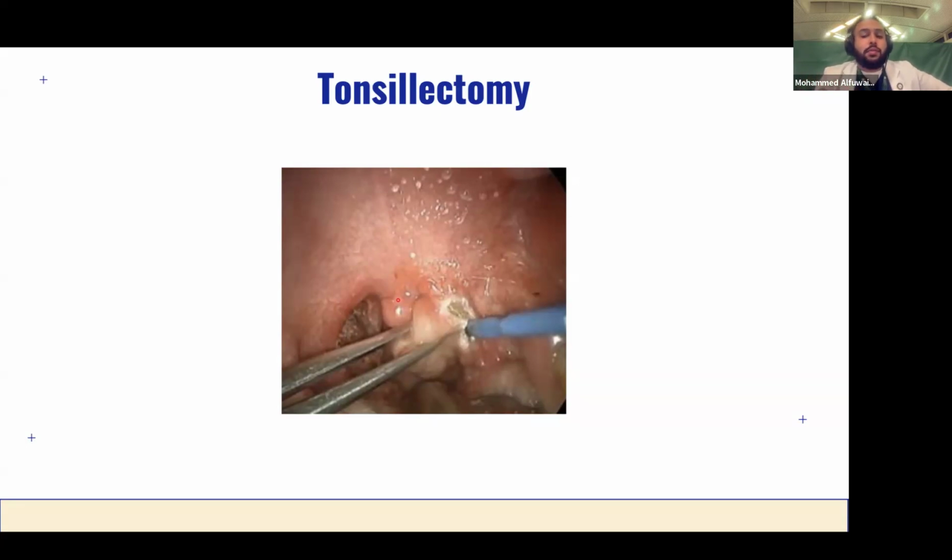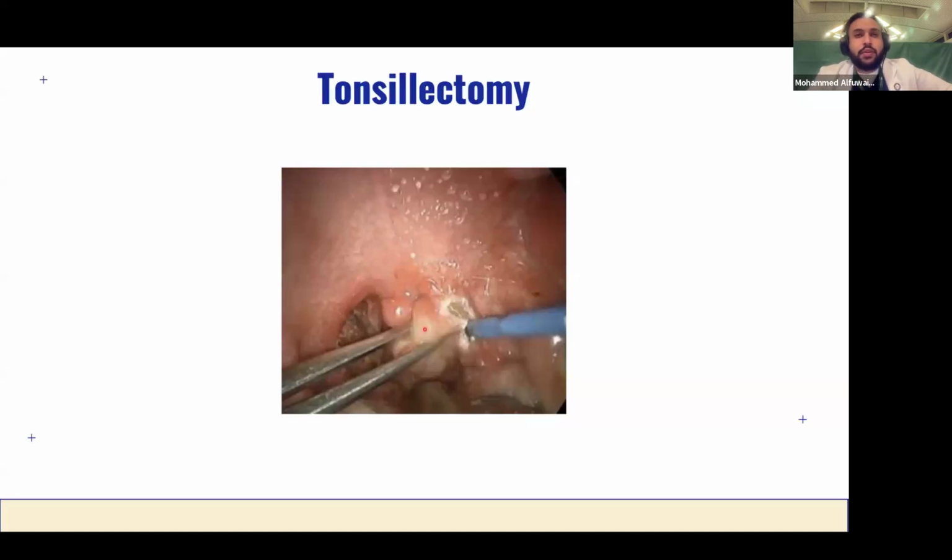Now, we have a procedure called tonsillectomy, which is surgical removal of the tonsils. Okay? There's two things I want you to remember: the absolute indication, and the complication. That's all I want you to remember. I'll teach you this.